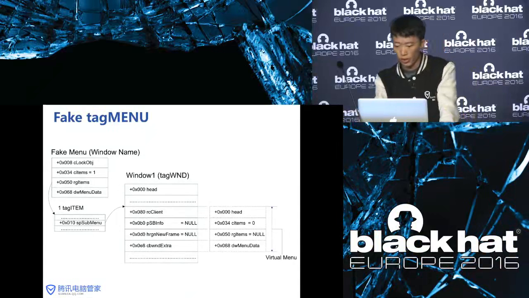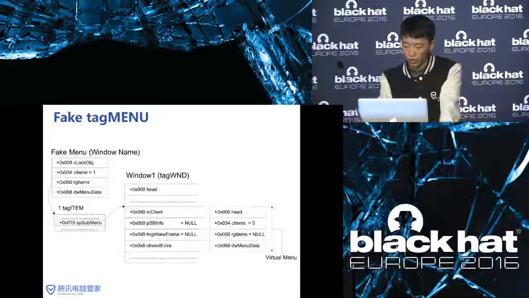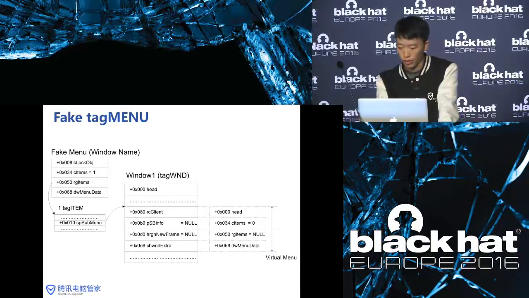In a normal situation, spSubMenu points to a tagMENU structure. Now we force it to point to a tagWND structure in the middle. We regard it as a tagMENU structure, which we refer to as a virtual menu. What we care about is cbWndExtra, which is also dwMenuData in the virtual menu.